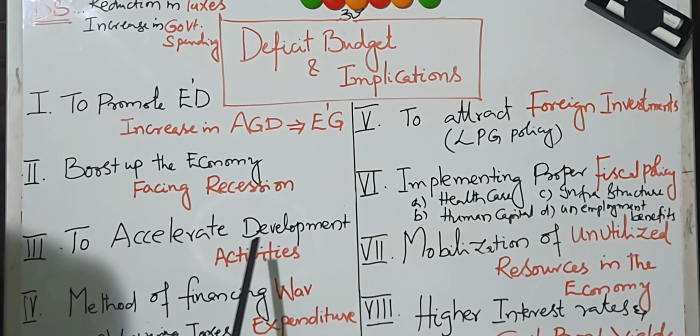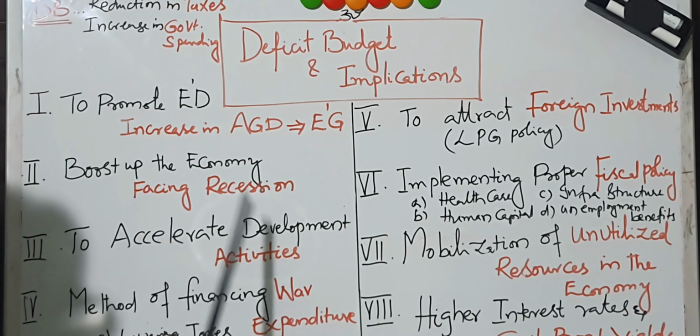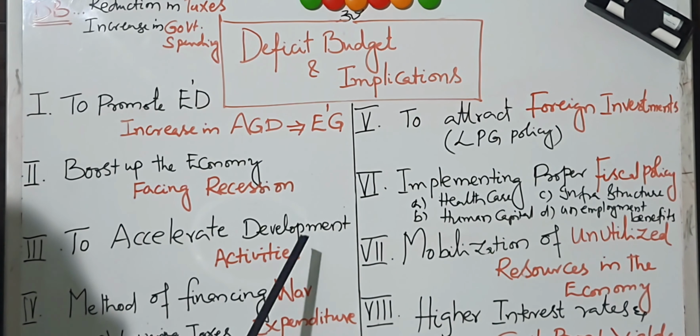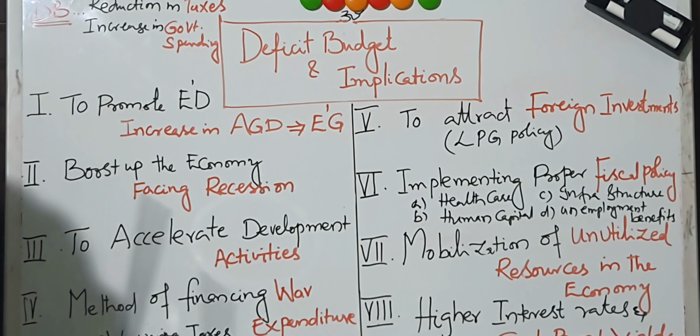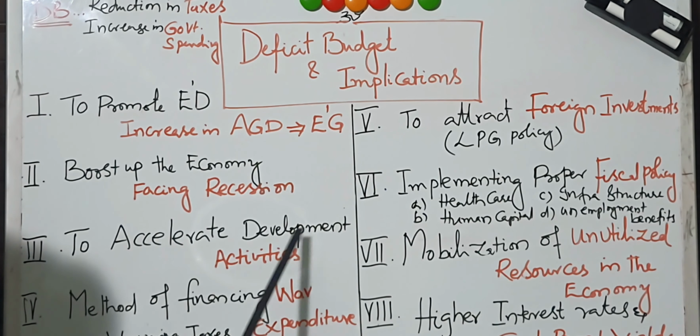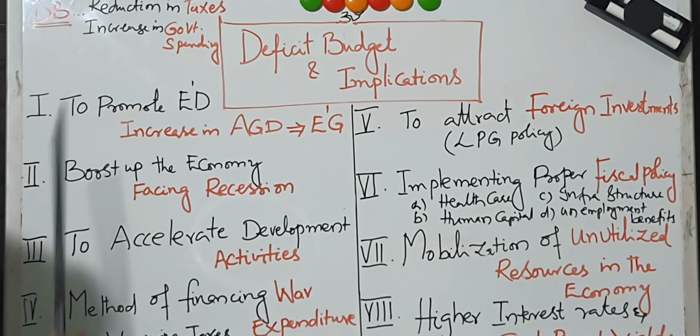To accelerate the economy, many development activities should be taken up by the government. That is, accelerating developmental activities is the third point.